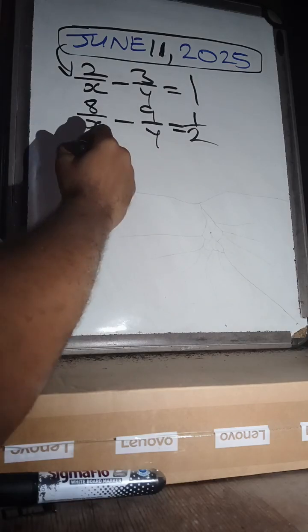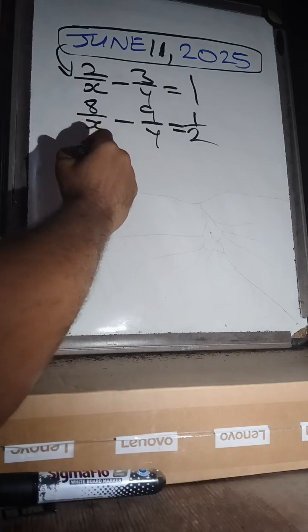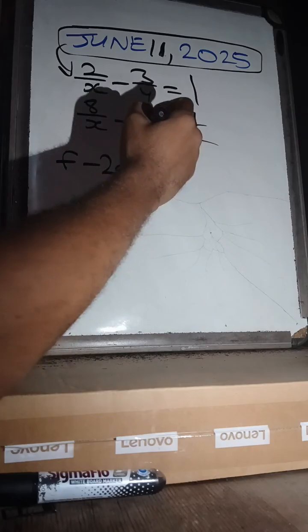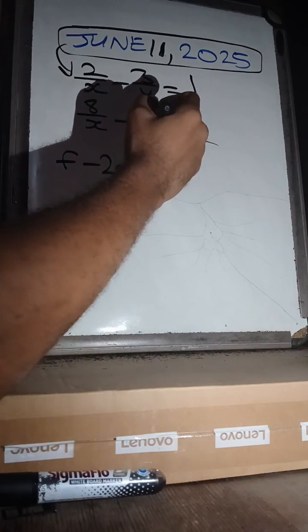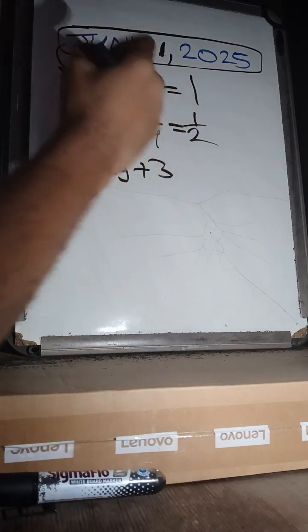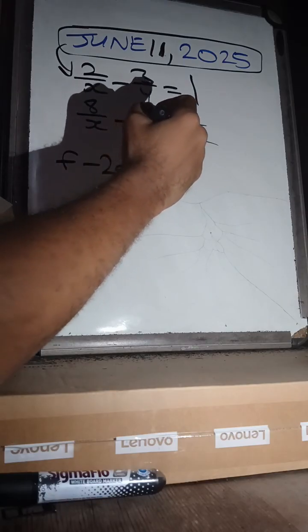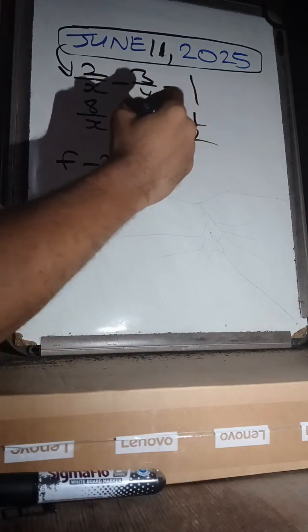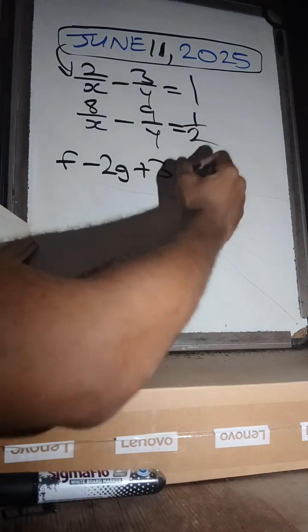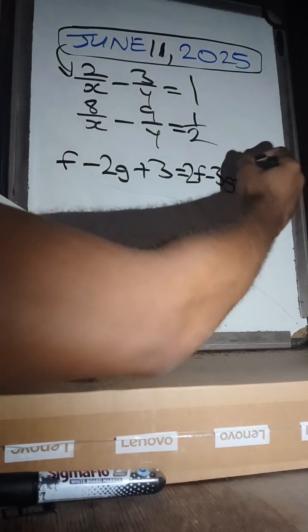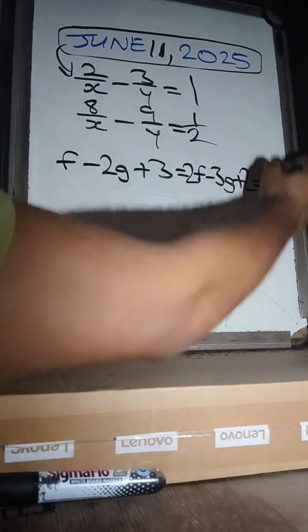Okay, so now we have f minus 2g plus 3 is equal to 2f minus 3g plus 2, and all of that is equal to 1.